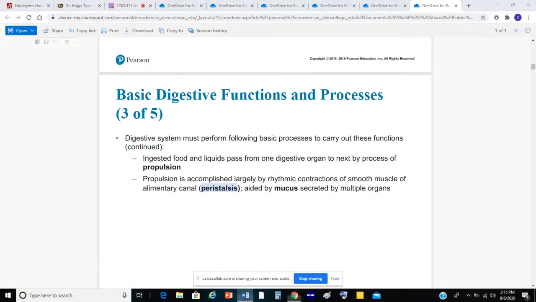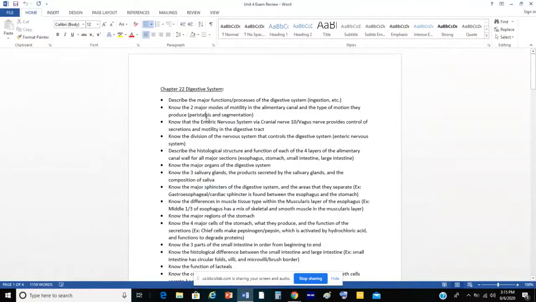But I mentioned it's not the only type of movement. There's something called peristalsis, which I just explained, the rhythmic wave-like contractions of smooth muscle. But then there's something called segmentation. You see this a lot in your intestines. Segmentation is a mixing and churning of food. Think churning, like churning butter.